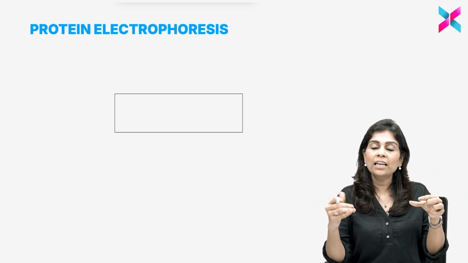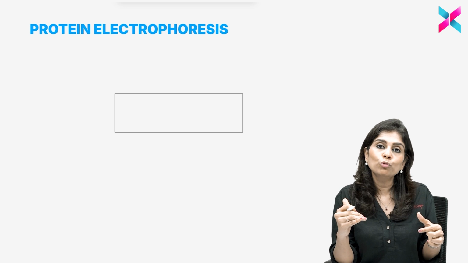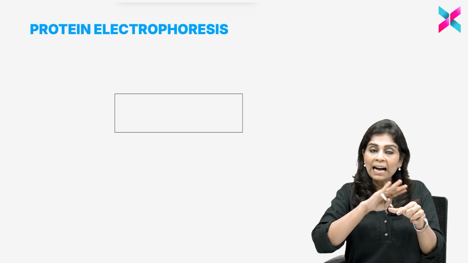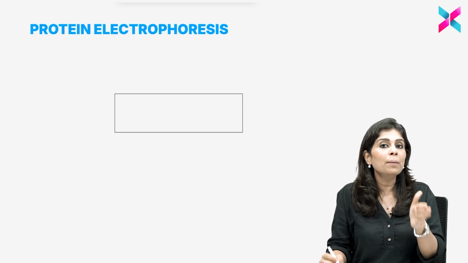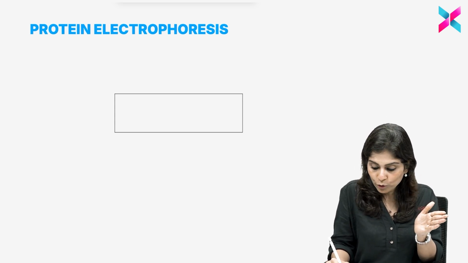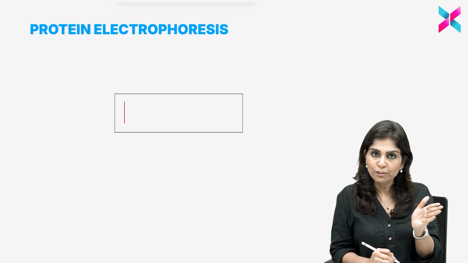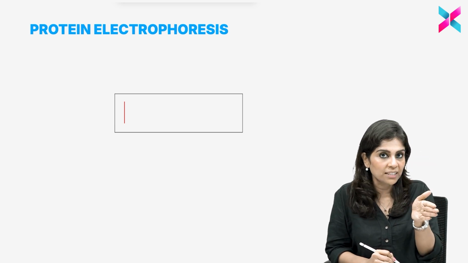On this glass slide we apply a support medium. The support medium is most commonly agarose. After applying the support medium, towards one end of the glass slide, we apply the serum, the protein of which has to be separated, using a pipette. Do you see that? I've applied the serum towards one end of the glass slide using a pipette.